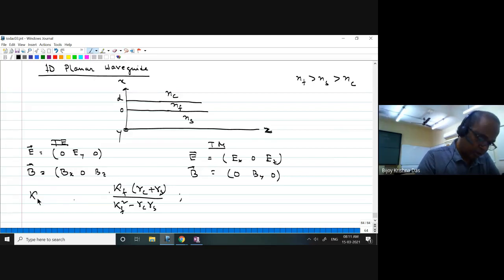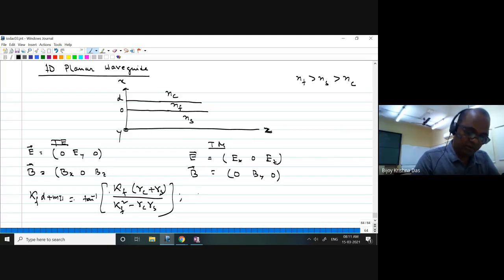So kappa F D plus M pi, that should be equal to tan inverse. Okay, this is something like that. And here I can write kappa F D plus N pi equal to tan inverse. So you have to solve this one.